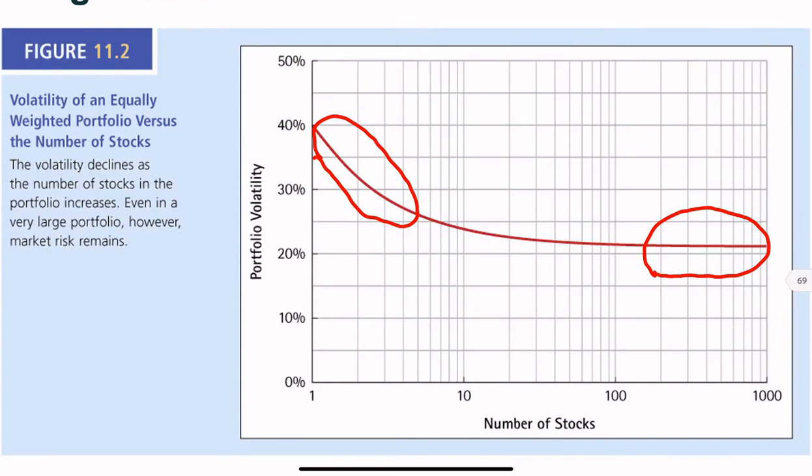So it basically means that there is some upper bound or some limit in this risk reduction as you add more and more stocks into your portfolio.